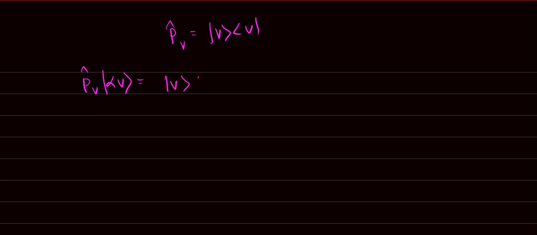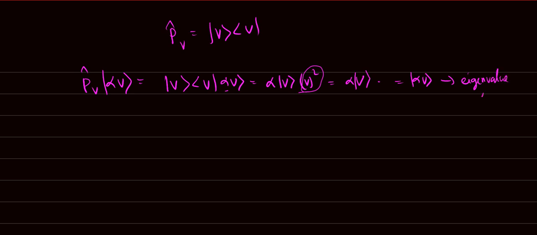So if we do this, we write this, and we will find this. And if V is normalized, so this is 1, we will get alpha V, that is again alpha V. So in this case the eigenvalue is 1.